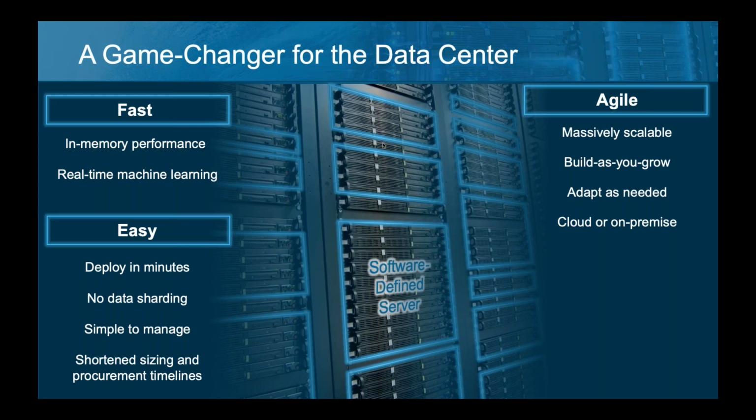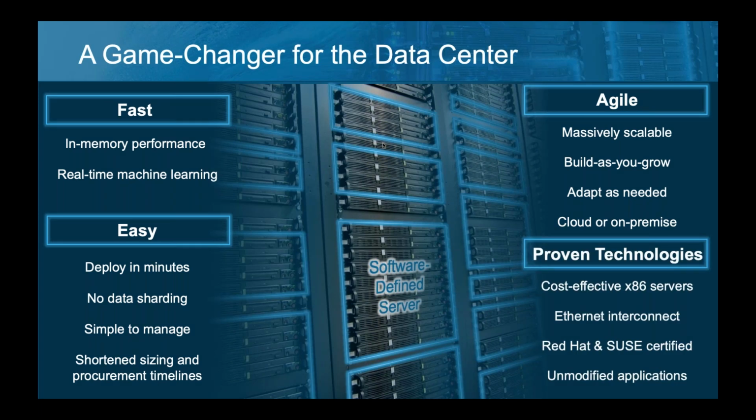And so you can take our licensing and you can move that around as you need, whether it's in your data center or if you decide to move from your on-premise solution to a cloud, you can take our licenses with you. We're built upon cost-effective x86 servers. So we're not running on any custom ASICs. We're not running on anything like InfiniBand or NumaLink. Everything you have in your data center today is what you need to deploy our solution.